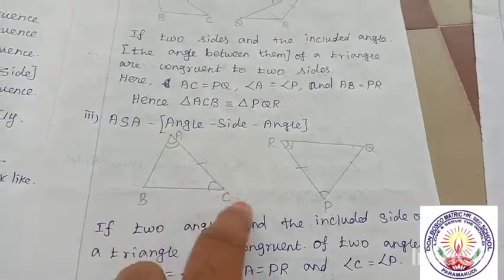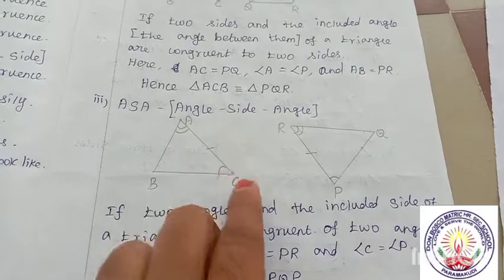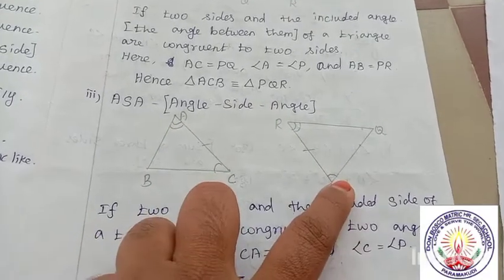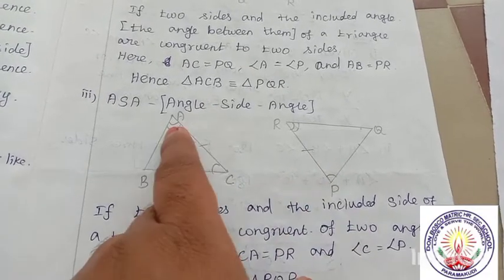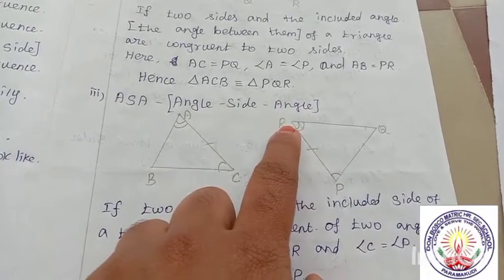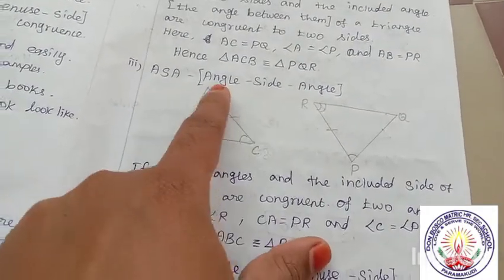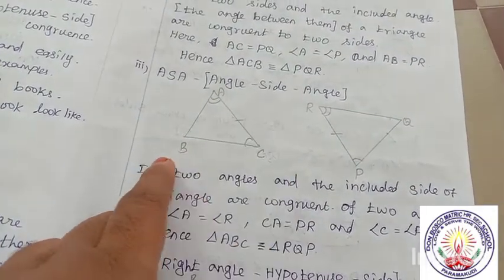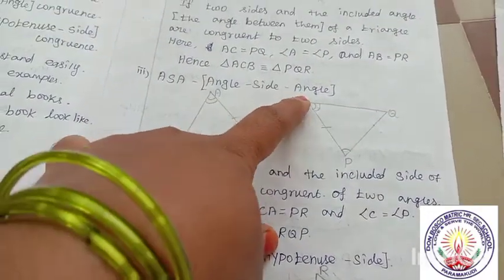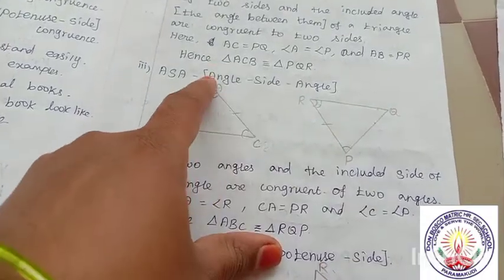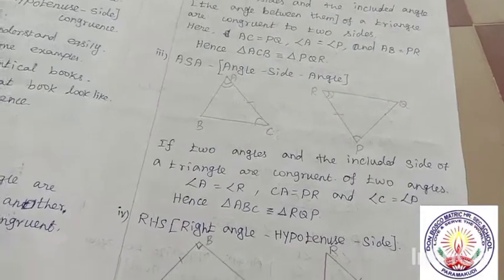Next, AC equals RP. Next angle C equals angle B, angle A equals angle R. So therefore, hence triangle ABC is congruent to triangle RQP.